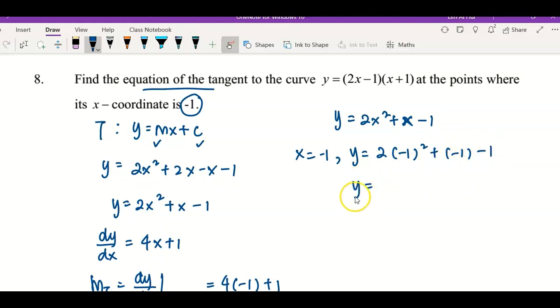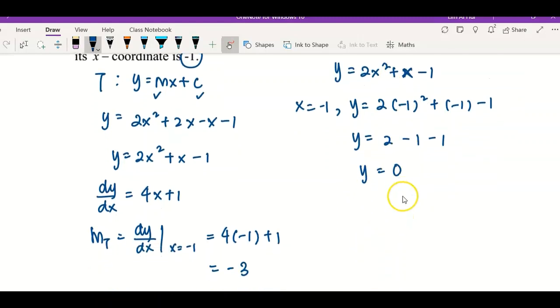I got y equals 2 minus 1 minus 1, so you will have 0. You get y equals 0, meaning that you want the tangent at the point (-1, 0).